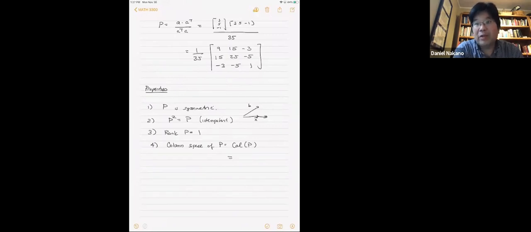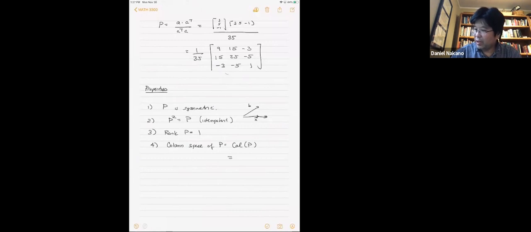So it's one dimensional, and so it's going to be spanned by a vector. So what vector is it spanned by? Just look at the picture over here.